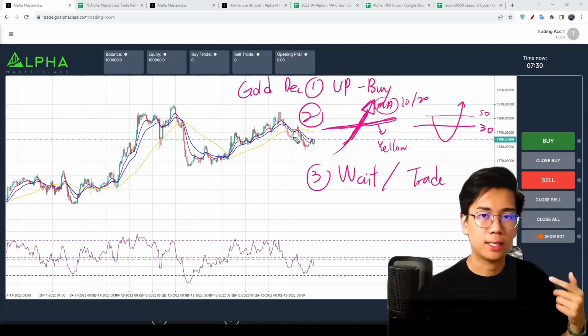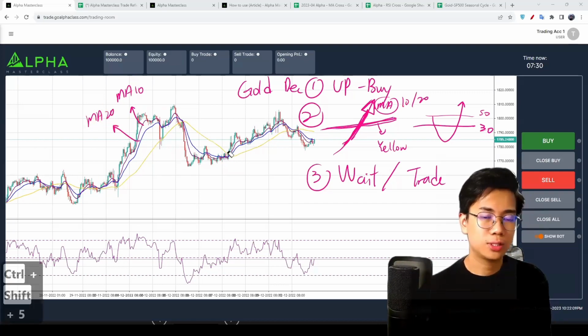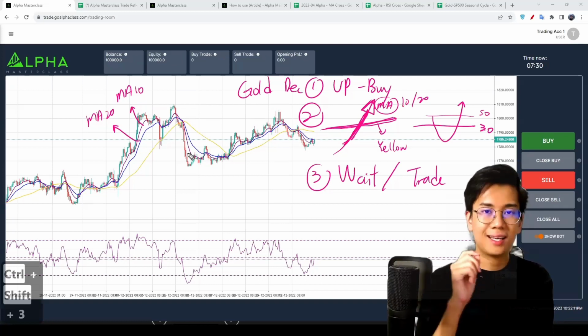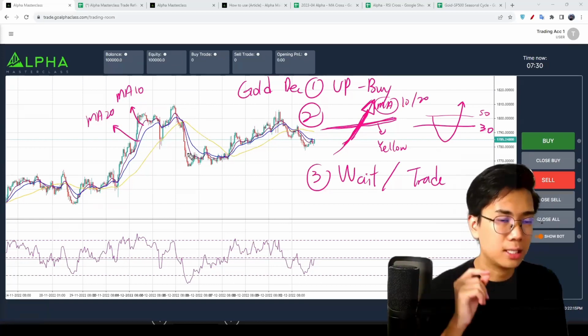Wait for that cross up. For example, here it has crossed up. Here it also has crossed up. Which one is 10? The red color is 10, and the blue color is 20. Which one to choose? Choose the one that is clearer on your computer, visually clear on your side.